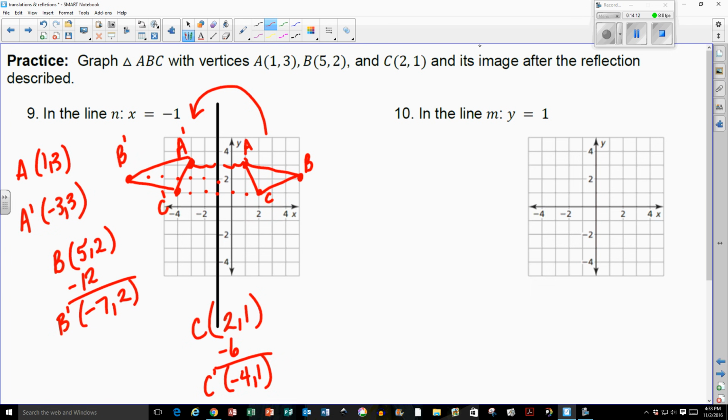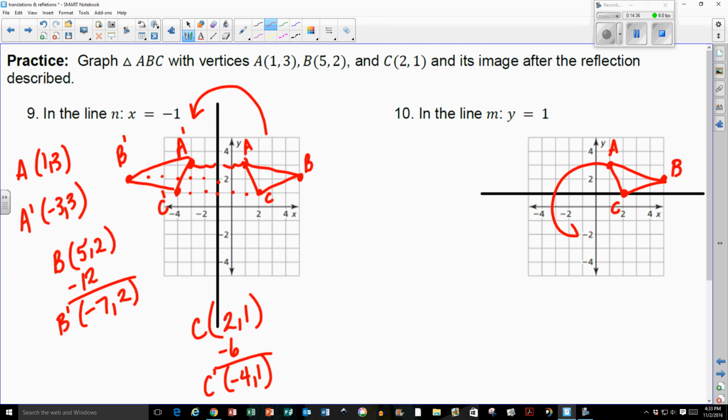Same thing's going to work when you flip over a horizontal line of some sort. So y equals 1. So there's y equals 1. We'll plot the same points: 1, 3, 5, 2, and 2, 1. In this case, point C is already on the line.